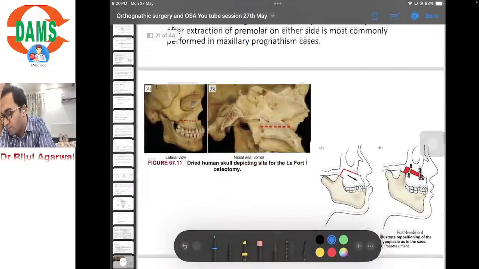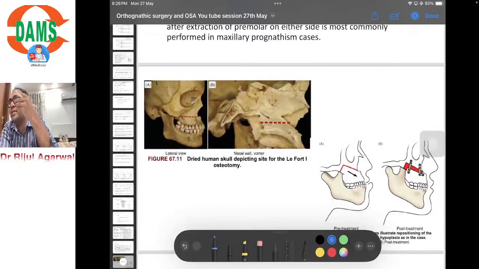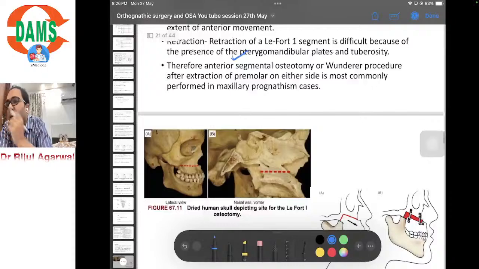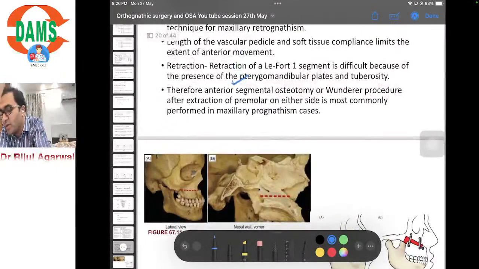Instead of taking the whole maxilla back, we extract the upper first premolar, and the space we get, we cut that much segment and bring that much of the maxilla back, because of the presence of the pterygomandibular plates and tuberosity. That is why only the anterior segment is retracted, and that procedure is known as the Wunderer procedure, carried out by extraction of the upper first premolar.